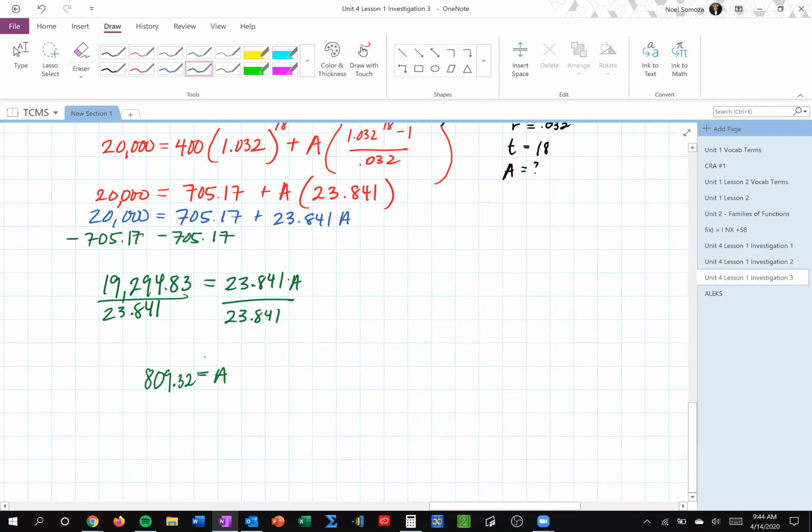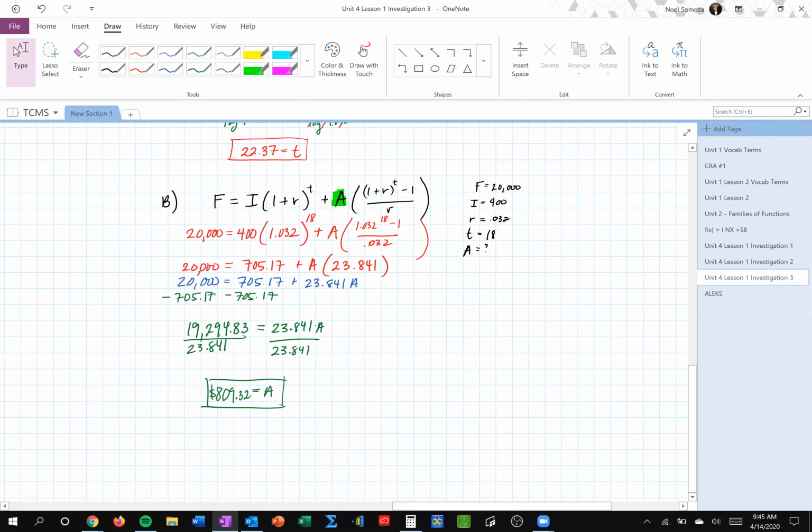Okay, so that right there represents the amount of money that they need to invest on a yearly basis. So they need to increase their yearly deposit from $600 up to $809 with 32 cents so that they can reach their $20,000 goal after 18 years.